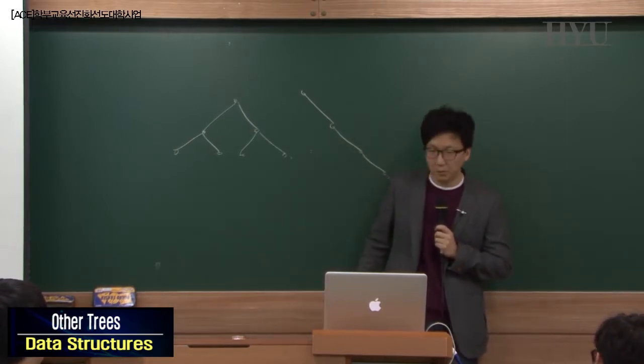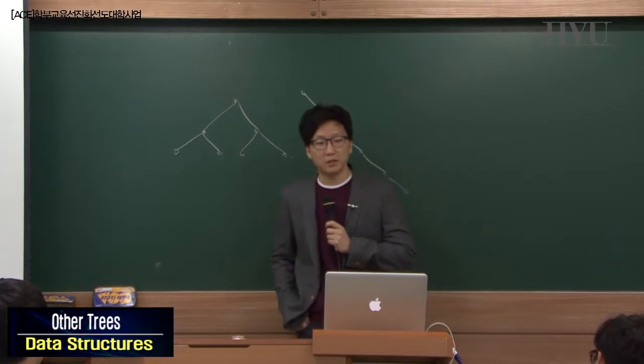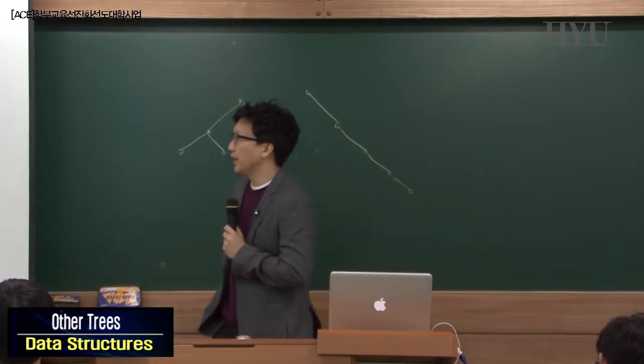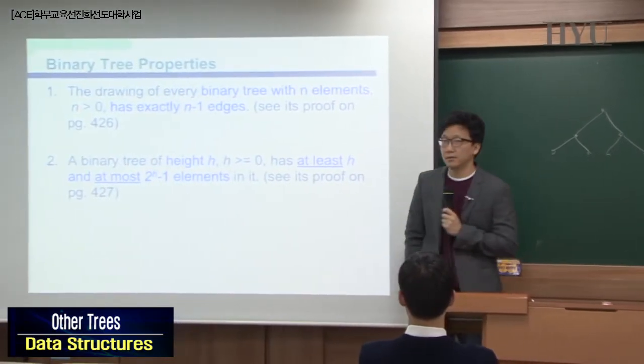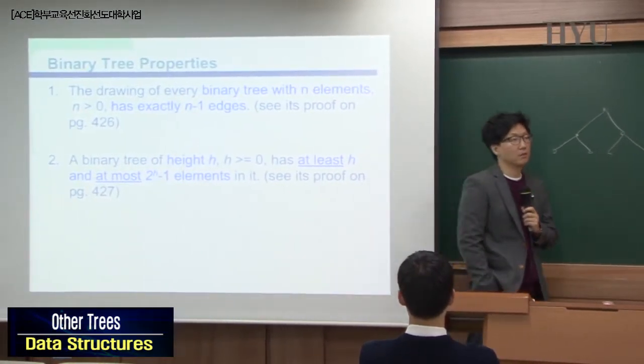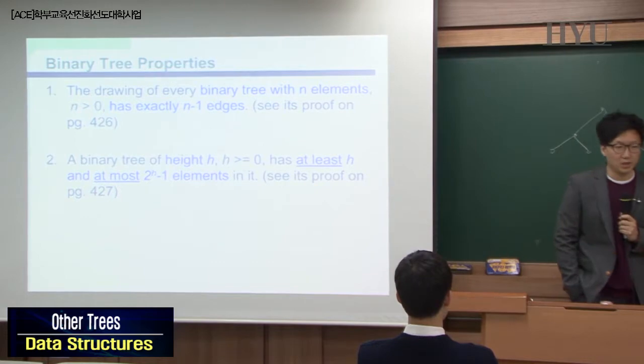Let's take a look at the properties again. A drawing of every binary tree with n elements, n greater than 0, has exactly n-1 edges. Obvious, right?